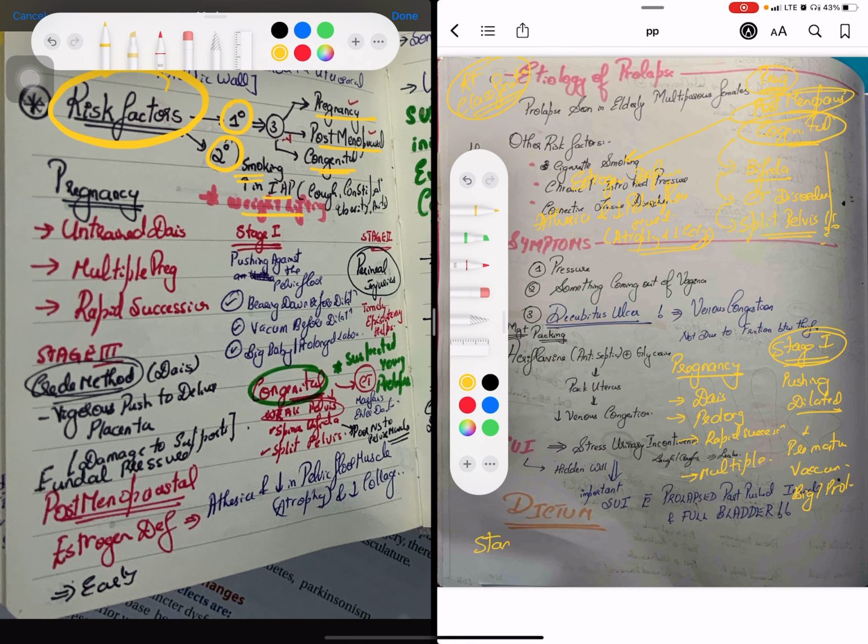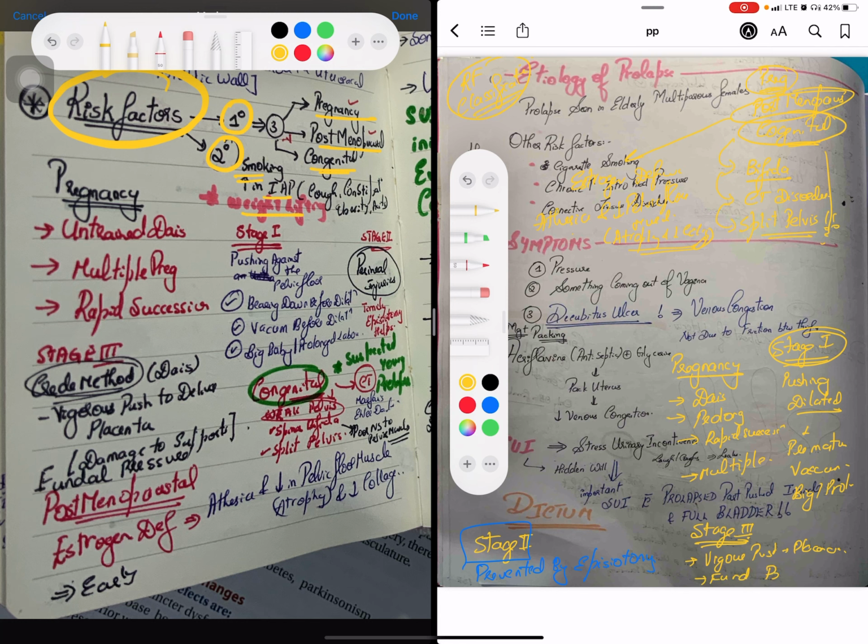Stage 2 is simply perineal injury, which is very important because it can be prevented with timely episiotomy. Stage 3 is similar to stage 1, where we vigorously push for expulsion of the placenta by applying fundal pressure.